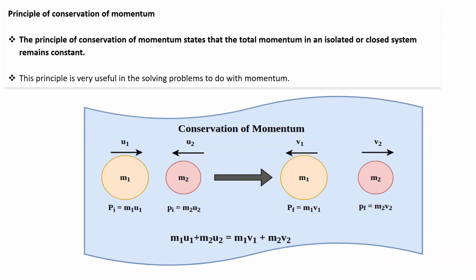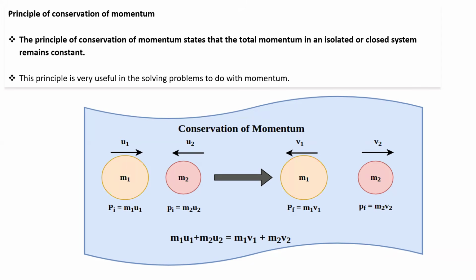So if I conserve my 100 rands, it means I had 100 rands in the morning, I went to school, and I came back from school, and I still have my 100 rands. What I have before and what I have after is constant, is unchanging, it's conserved. The principle of conservation of momentum is applicable in an isolated or closed system.